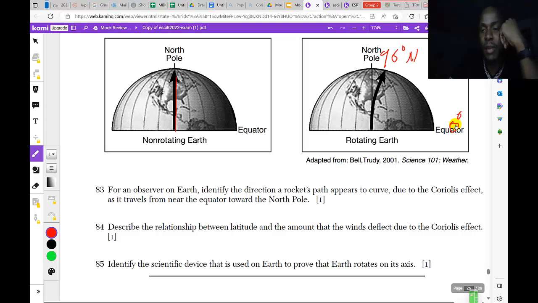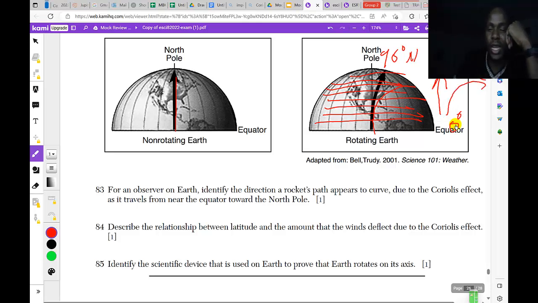So the further you move away from the equator, the higher your latitude, which means the more deflected the rocket will become. So as latitude increases, the deflection would also increase in that clockwise direction in the northern hemisphere. As one increases, the other is equally increasing.